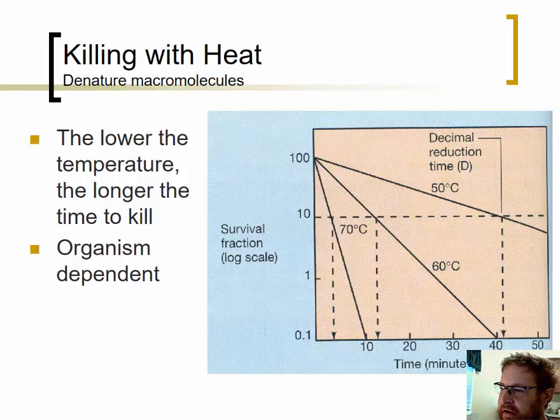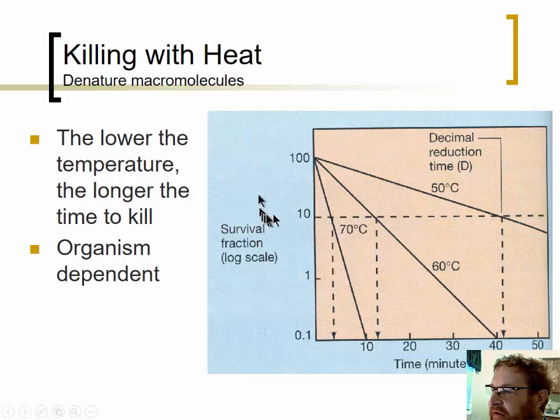As you look at the graph here, we're looking at the fraction of survival, starting off at 100% survival, and at 3 different temperatures we're looking at how long it takes to kill 10% of them. 10% is decimal reduction time. So to go from 100% of the cells to 10% of the cells would be a decimal reduction time of 1.